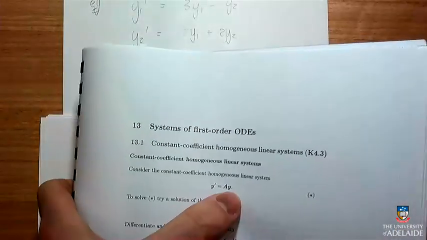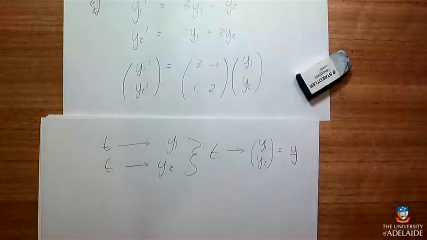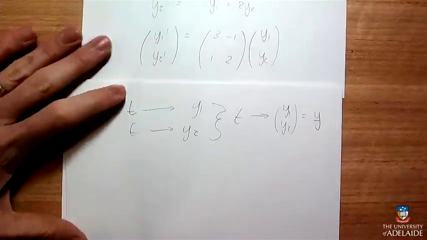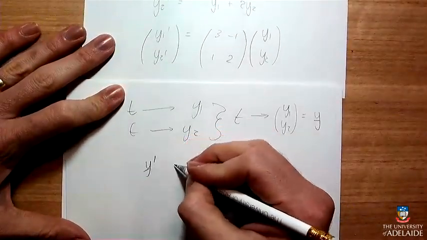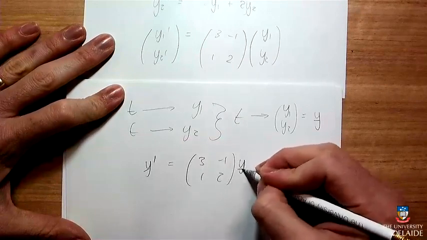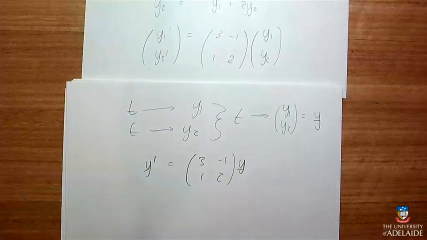The bold is telling me it's a vector. And so we have now that the bold y dash is this matrix times the bold y. And that's how it'll often be written, with a letter A normally going in that spot where the matrix is.